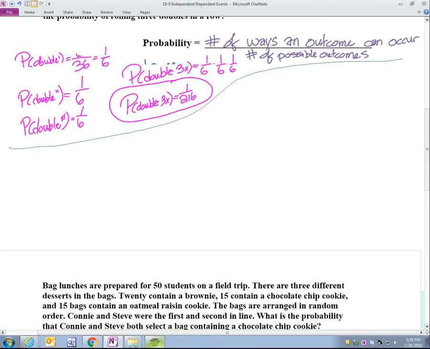Good. There it is. Once Connie goes through the line, there's going to be one less bag there. And in this situation, Connie is going to get one of those chocolate chip bags. So that means that the number of outcomes to get chocolate chip reduces, and the number of total outcomes reduces.